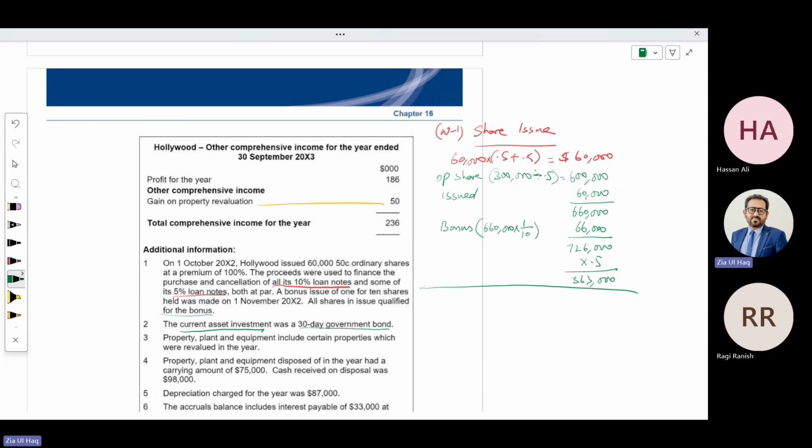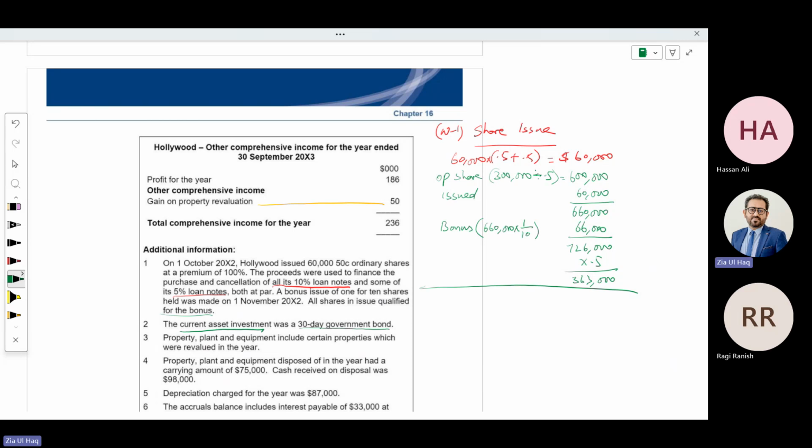Even if they don't say this, we will treat it as cash equivalent. But they have highlighted this is what? Cash equivalent. Government bond means that you can convert it into cash anytime in the market. So this is like cash.